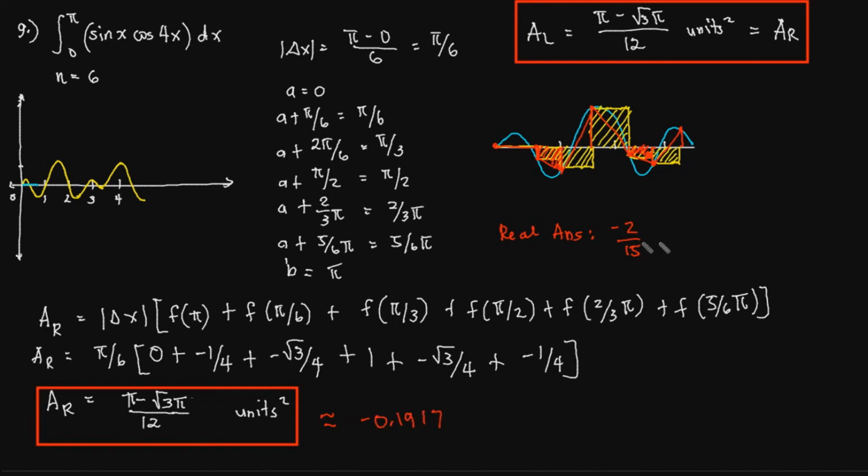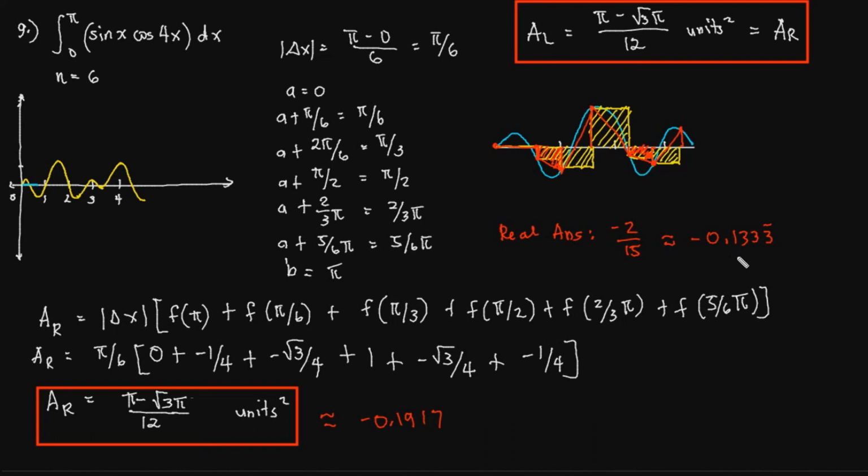And then this negative 2 over 15, if we transfer this to decimal form, is equal to negative 0.133. Okay. Now, this 0.13 compared to 0.19, we know it's not too far because the difference is only about 0.06. Though, if you take the percentage difference, I think it's more than 10%.